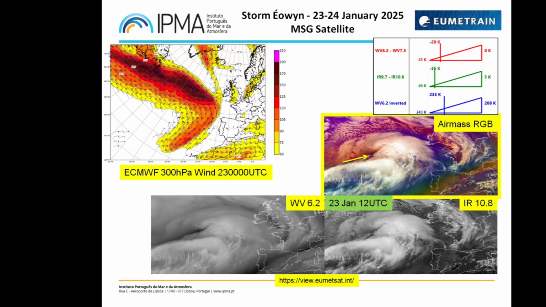The Airmass RGB can be used to determine the location of a subsidence zone, namely the descending of dry stratospheric air near the storm. In the RGB table on the top right corner, it's represented the RGB air mass corresponding to the darker area we see pointed by the yellow arrow on the RGB air mass, just where the subsidence is starting to occur.